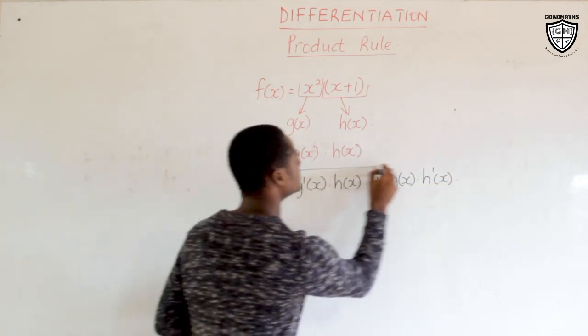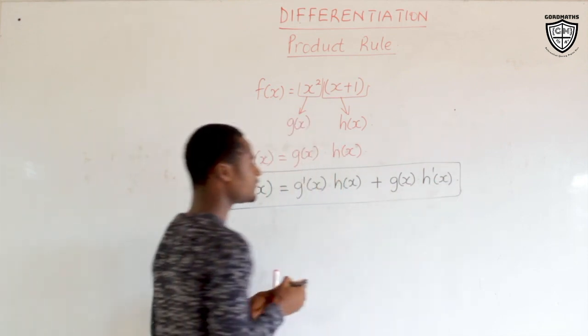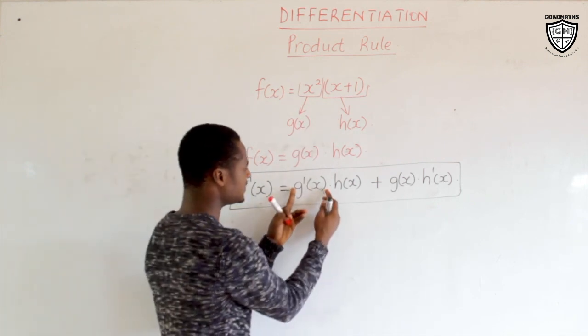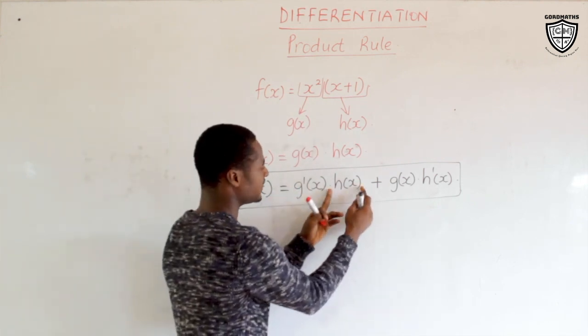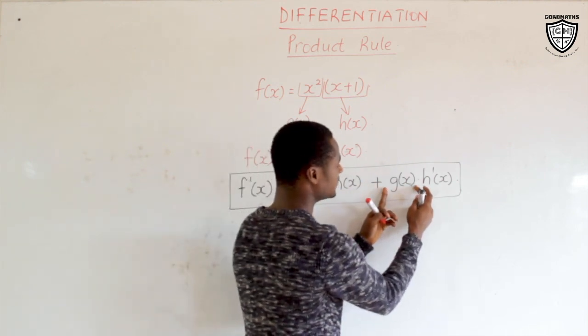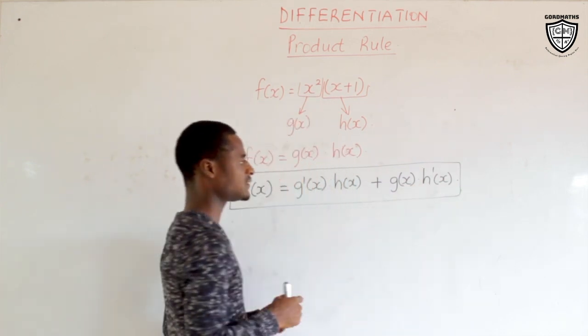This is the product rule of differentiation. So if we have two different functions multiplying, then we differentiate the first function and multiply by the second function, plus the first function multiplied by the derivative of the second function.